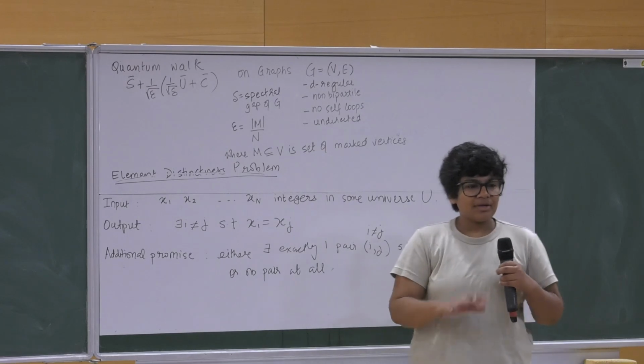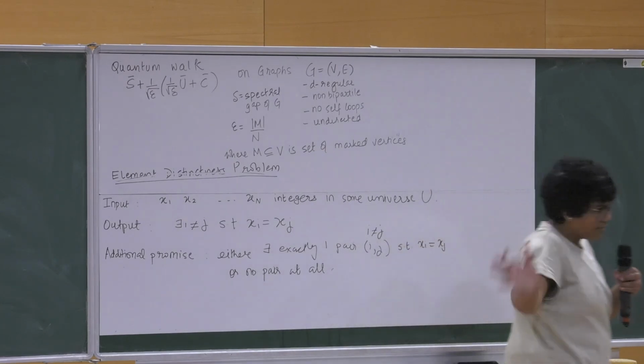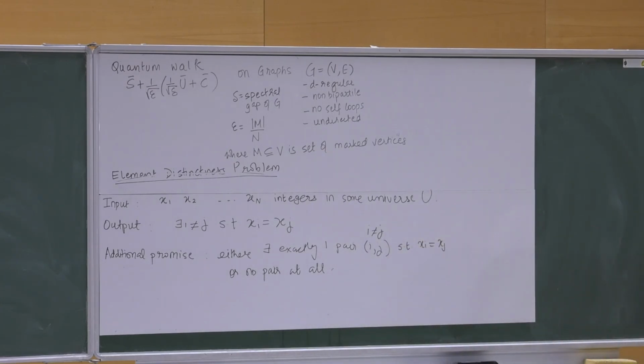So I am given an input of n different integers. Either all my integers in that input are distinct, or they will have exactly one pair xi and xj of different indices i and j that have the same value.